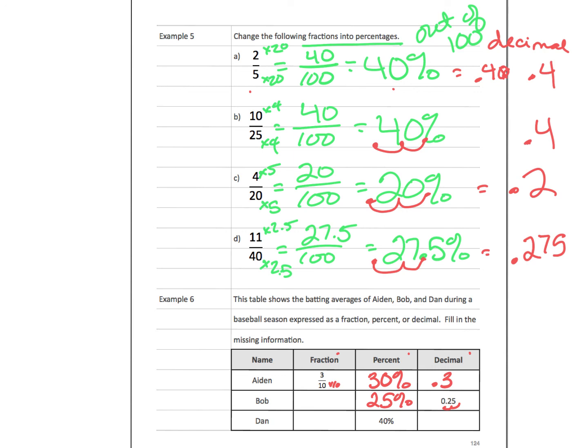And that would be 25 over 100, but I want to simplify it, so I'm going to divide them both by 25, which gives me 1/4. 40%, again, sorry about that, moving it over twice, I would get 4/10. And again, if you say it correctly, 4/10, there's our fraction. Simplify it, divide by 2, top and bottom, I'd get 2/5, which would be our fraction.